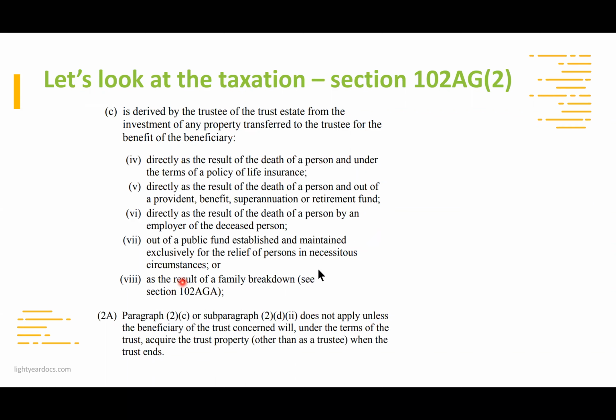This one here is a result of a family breakdown. I won't go into this, but at some point in time we will. We'll be doing a couple of child maintenance trusts at Abbott Mourly, and essentially we can settle property into a child maintenance trust, and effectively then income and capital distributions for that property are taxed at the marginal tax rates of the children.